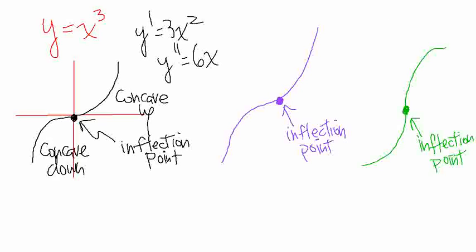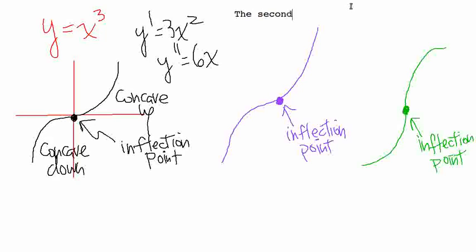Now, what about the second derivative at the inflection point? Well, I gave you an example where the second derivative was 0 at the inflection point. The second derivative can also be undefined at the inflection point. Let me write that idea down because that's important.